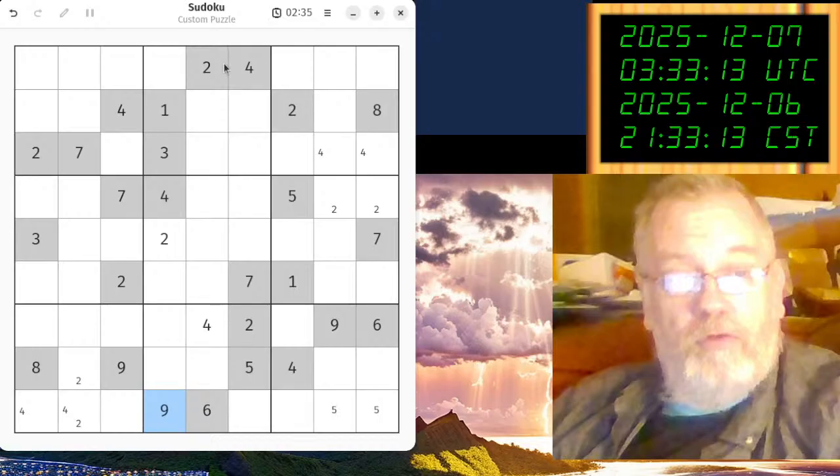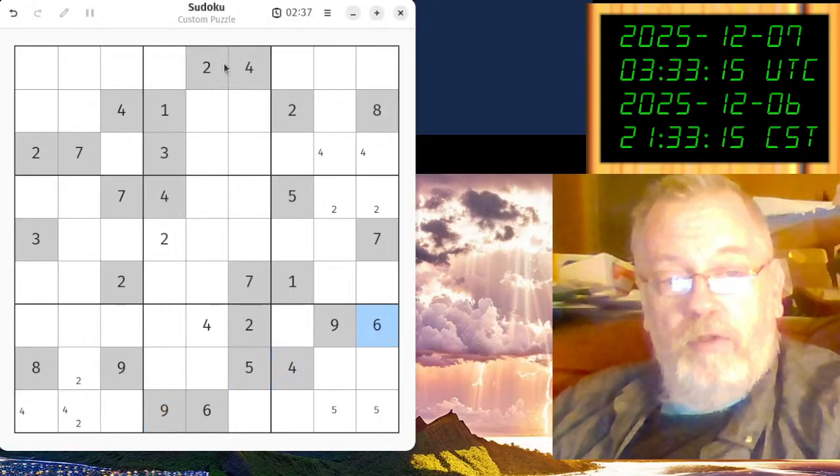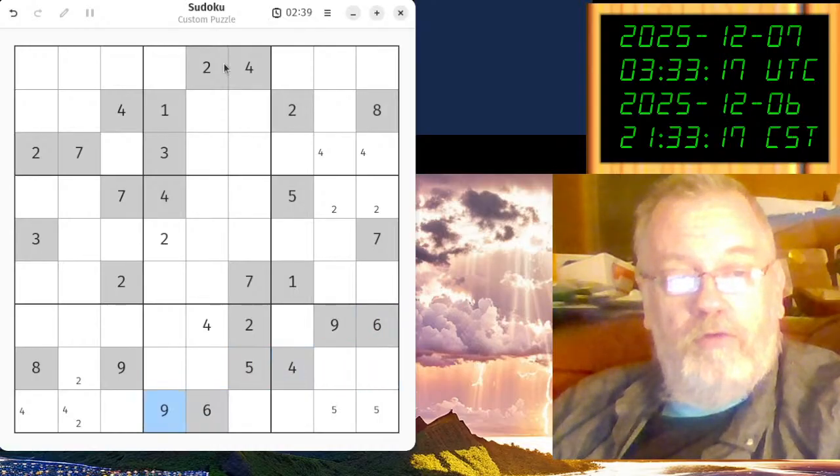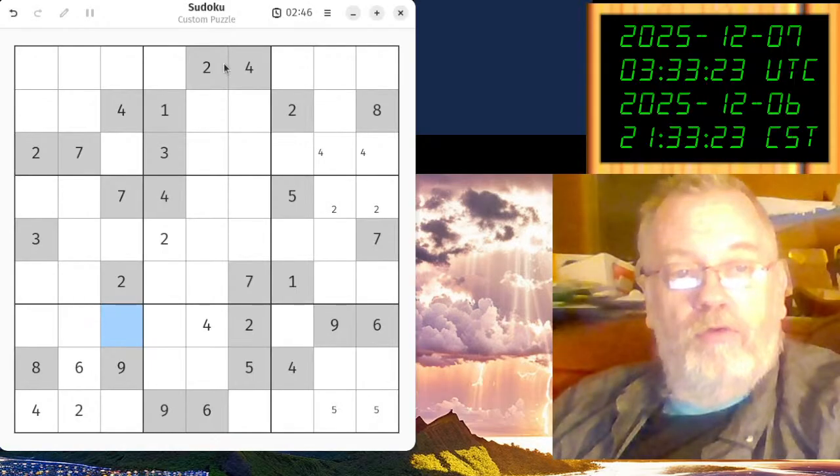So on to 6s. We got a 6 here and a 6 here. That means this one's going to be a 6. So that's a 2 and that's a 4. We solve those along the way when they become obvious.